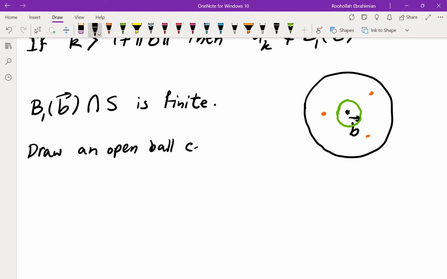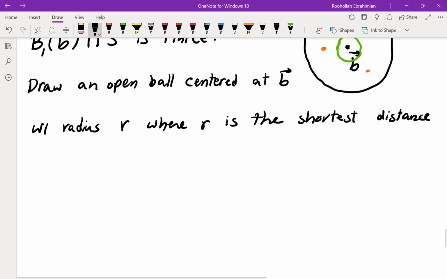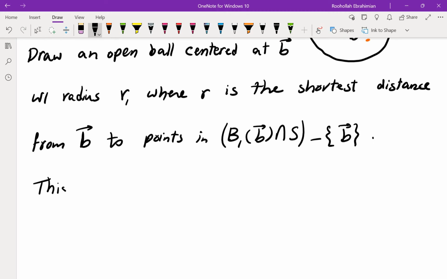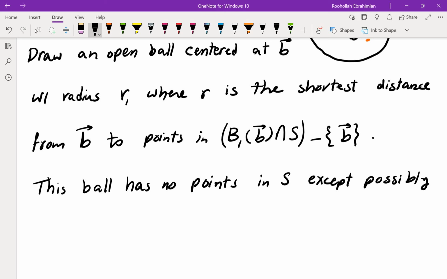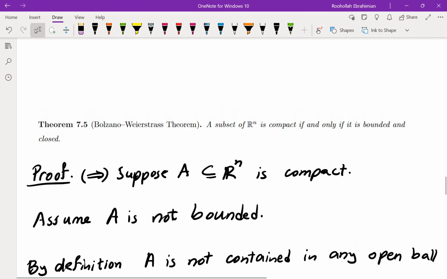an open ball centered at B with radius R, where R is the shortest distance from B to points in the ball of radius 1 centered at B, intersection with S, excluding B. So this ball has no points in S except possibly B. Okay, so that completes the proof of the fact that if A is compact, then A would have to be bounded.